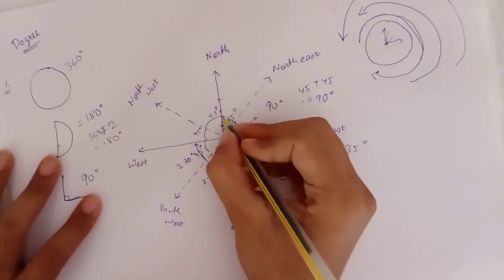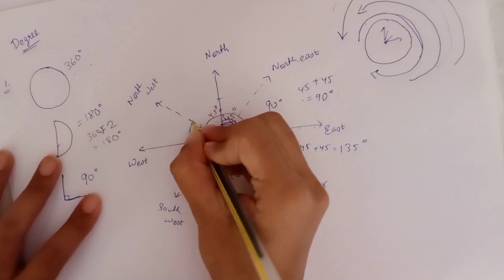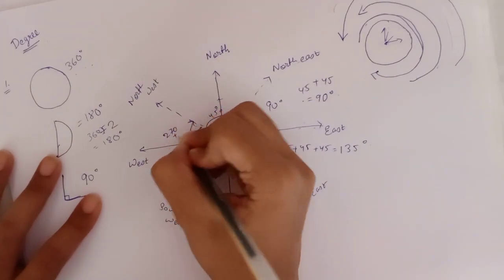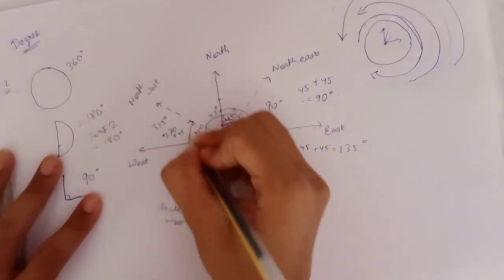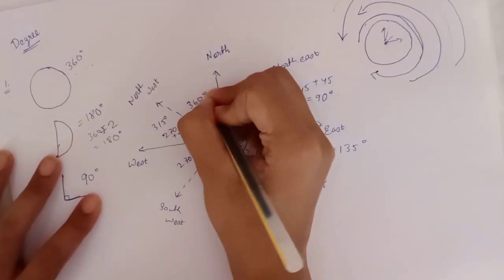Now from here to here, 270 plus 45, 315 degree. Full circle will be 360 degrees.